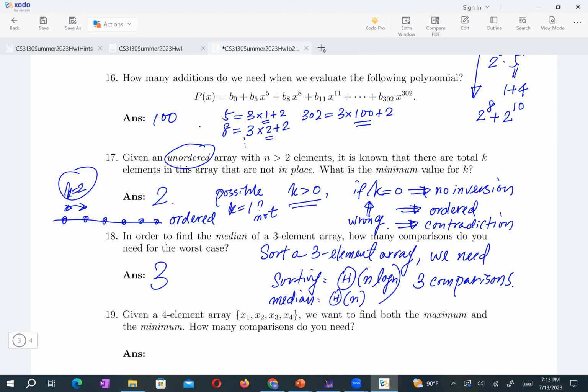For example, here you may feel a little hard to understand. It could be like this, for example, to find the median of 5 elements. Here, I want to explain why you do not need to sort.